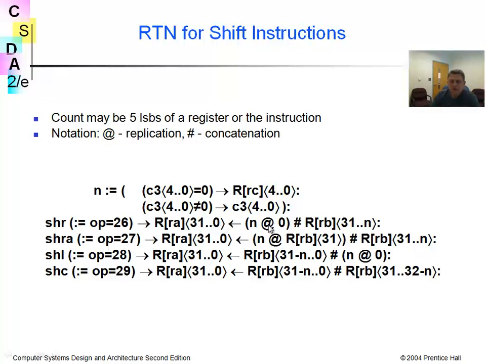First, if n is 2, you put 2 zeros, and then you do this operation. Let me see if I can show you on a piece of paper. Let me turn on the document camera so we make this clear.